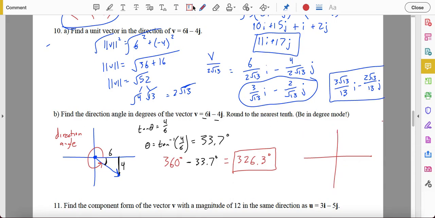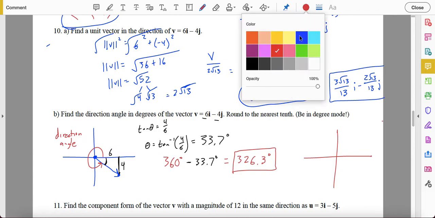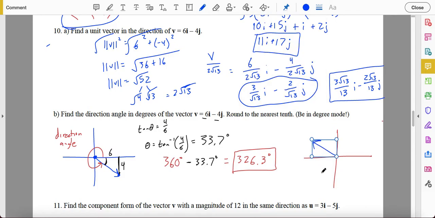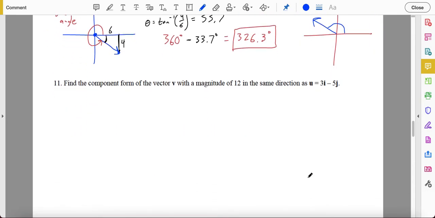If we had a vector directed in the second quadrant, then we'd be looking for this angle as our direction angle. So we'd find this one using trig and then set it up that way. So that's direction angle.